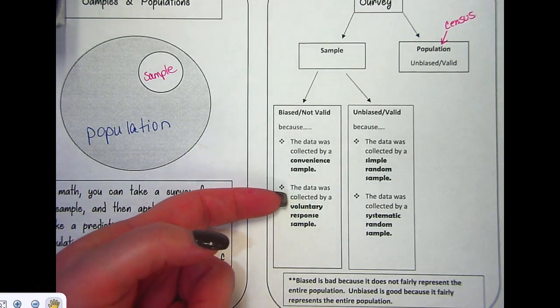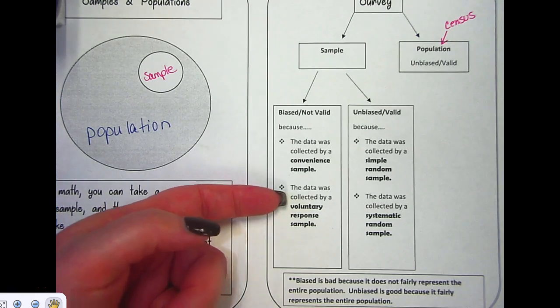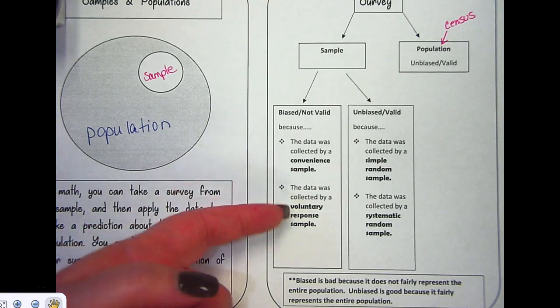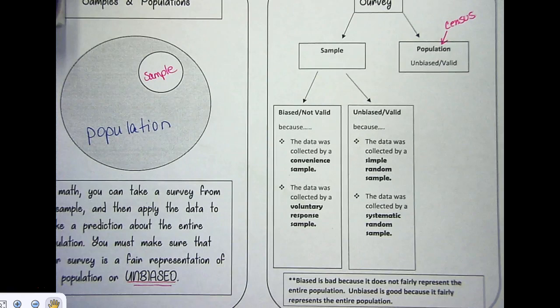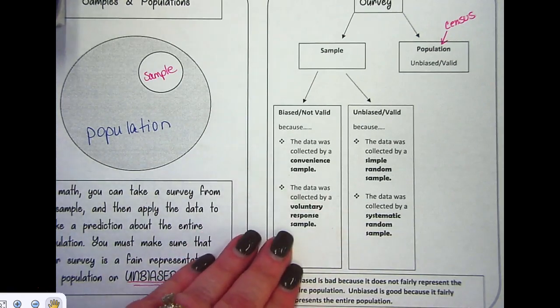The people that call in that say, hey, I like this show, give me more, they're watching the show because they like it. And they're going to call in because they want more. That's called a voluntary response sample. When you are asking people to volunteer to take a survey, these people normally have a strong opinion for or against something. And so that is biased and it is not valid.